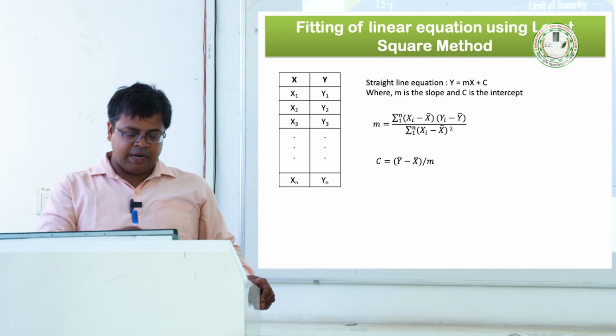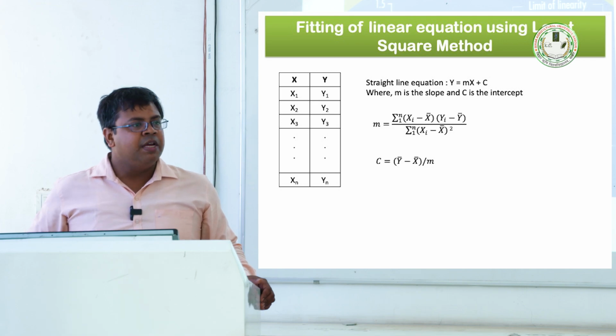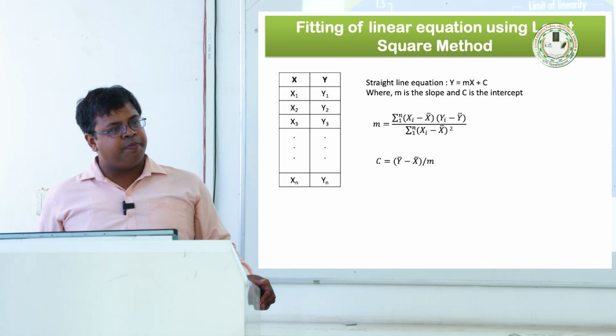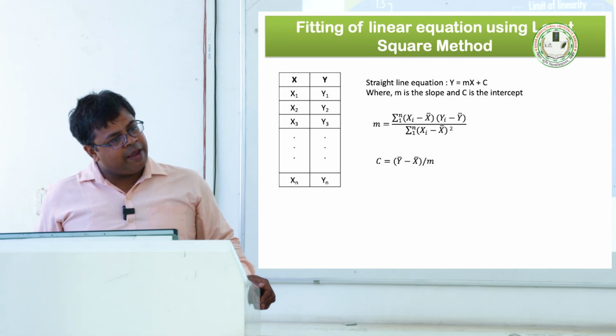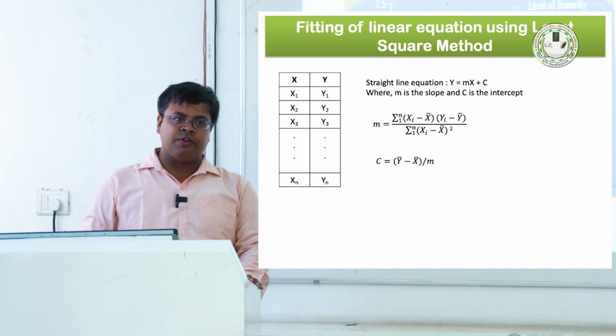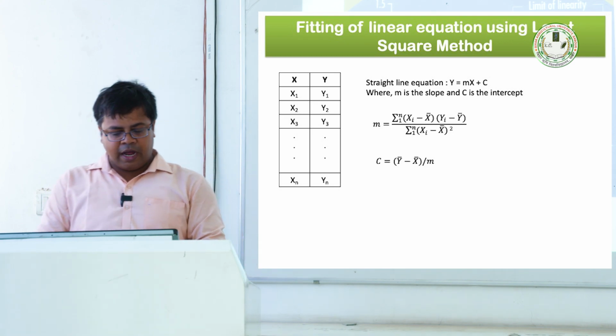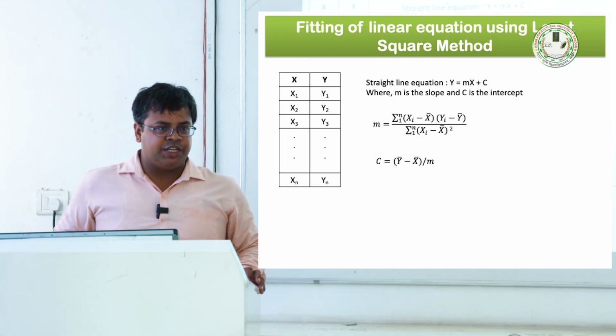Okay, but if some error comes in, then we will get some intercept, but ideally it should pass through the origin. So in that case the equation will be y is equal to mx only. Okay, up to this clear, friends? Now once we determine this, we will get a relationship.